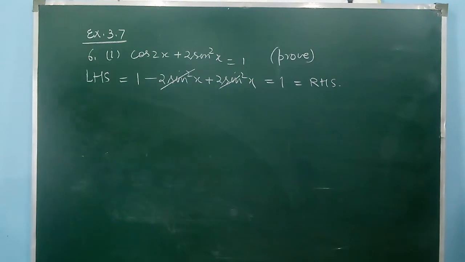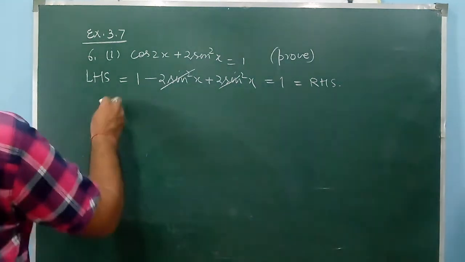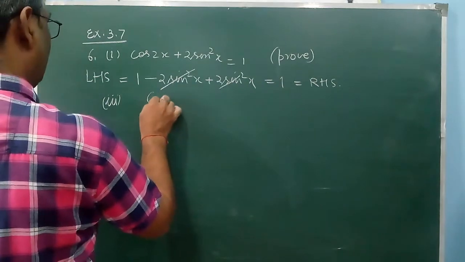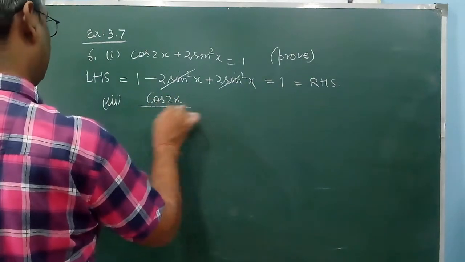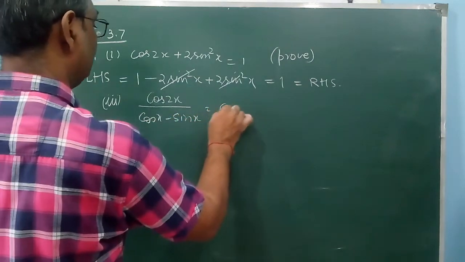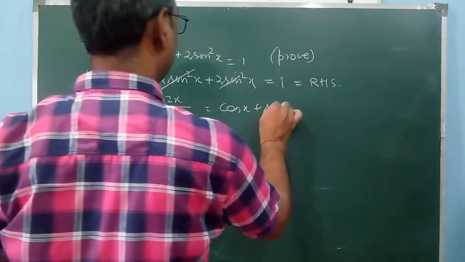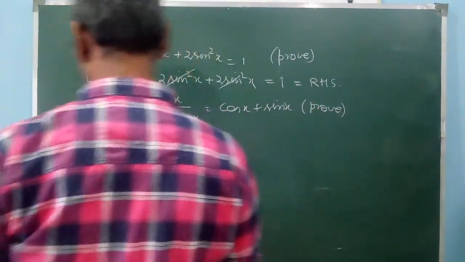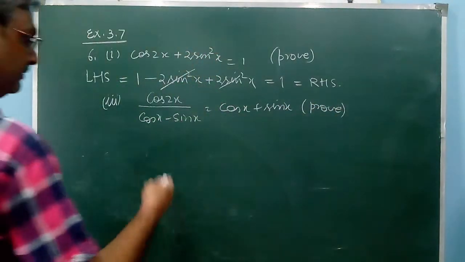Now the second one, third part. The third part is cos 2x upon cos x minus sin x equal to cos x plus sin x we have to prove. What we have to do? We have to simply write the formula here.